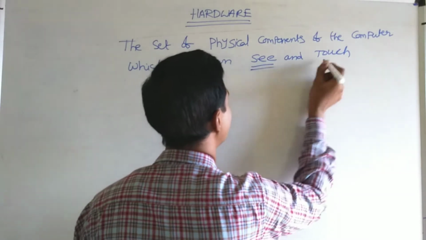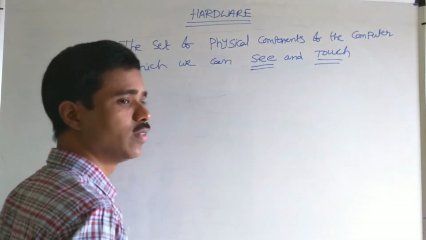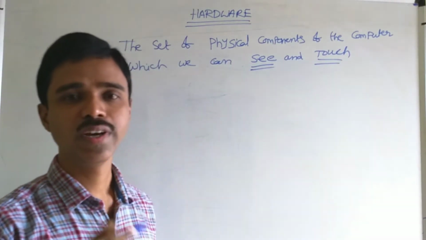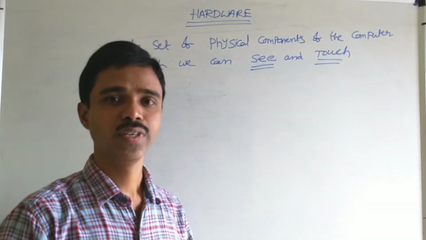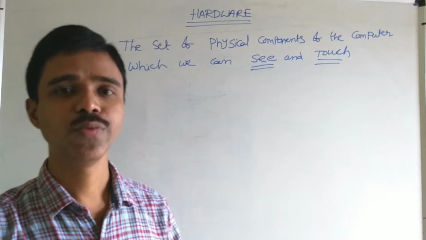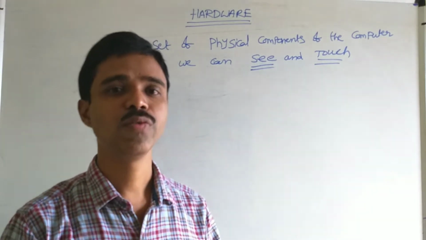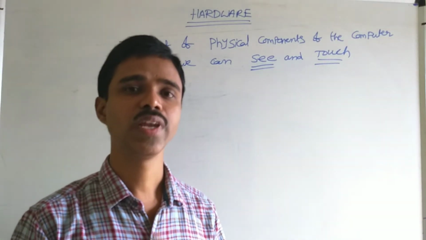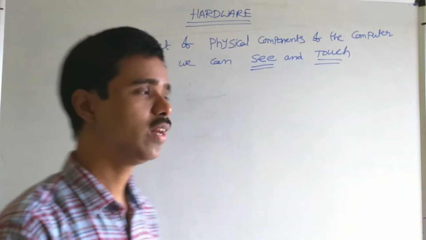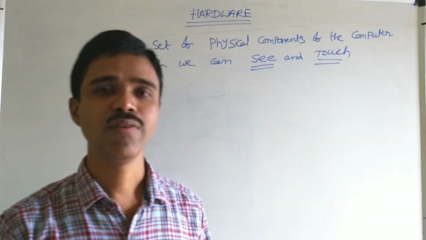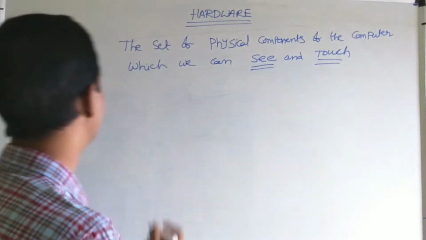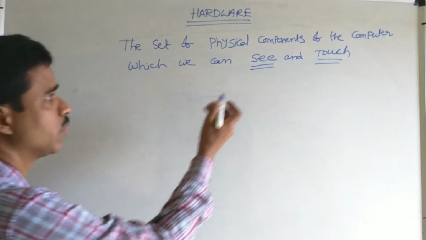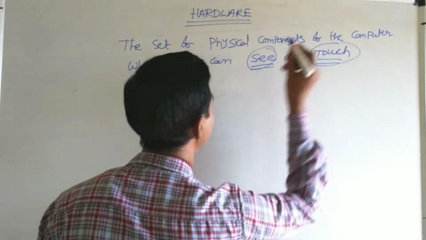Those components are called hardware components. The task given to every computer follows an IPO cycle. What is the IPO cycle? With respect to the IPO cycle, I will explain the list of hardware components. So the fundamental definition is what we can see and what we can touch.